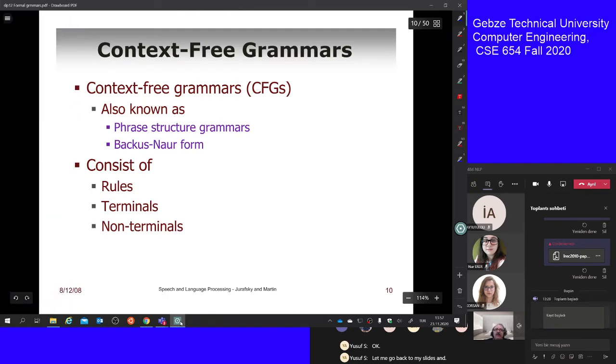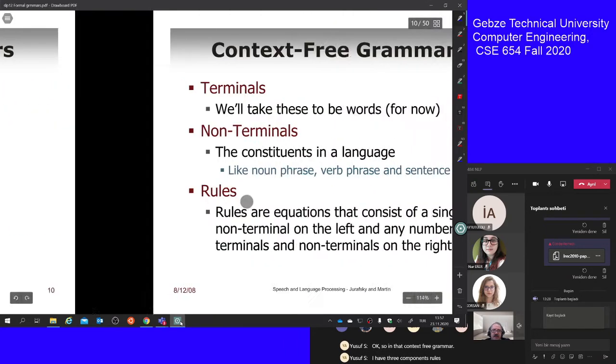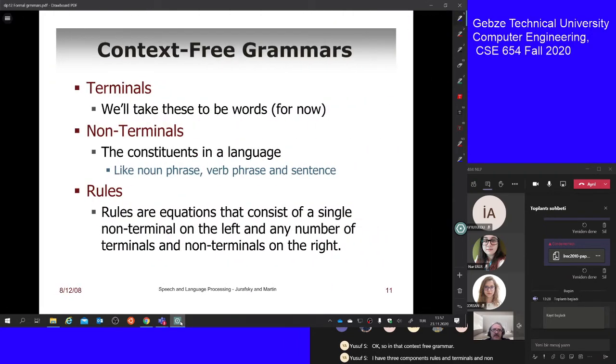So in a context-free grammar, I have three components: rules, terminals, and non-terminals. Terminals, for a language like Turkish or English, are words. If you consider punctuation as words, we could say that terminals are words, including the punctuation. Non-terminals are the ones that represent the constituencies, like a noun phrase, verb phrase, or sentence.